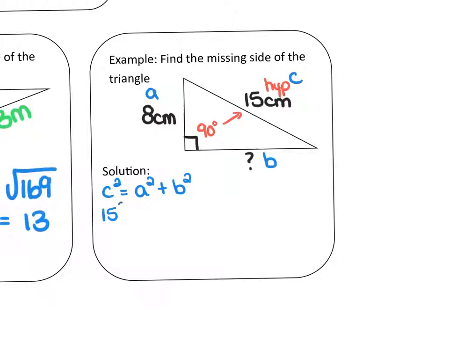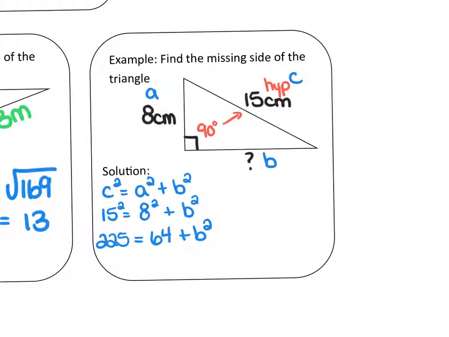So 15 squared equals 8 squared plus b squared. I'm going to find the squares of those numbers. So 15 squared is 225. 8 squared, 8 times 8 is 64, plus b squared.